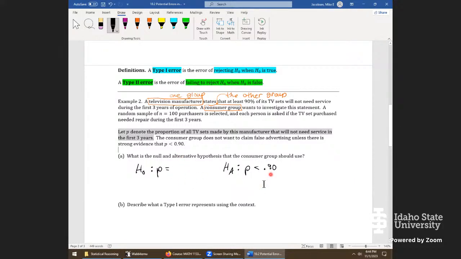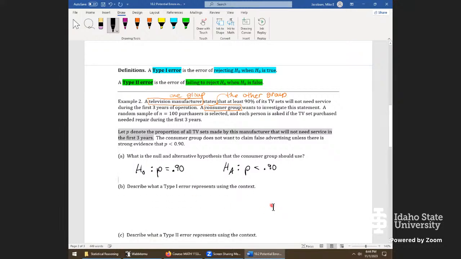Then if there's a 0.90 here, there's a 0.90 here as well. That's one thing that always matches in hypothesis testing. The right-hand side here becomes the right-hand side here as well. So we've got it, folks. That's our null and alternative hypothesis. And honestly, it was fast because the problem kind of did a lot of it for us. They gave us the parameter and they told us what to test as well.